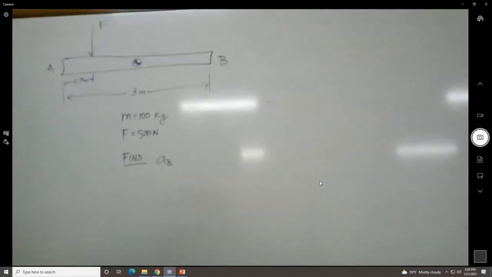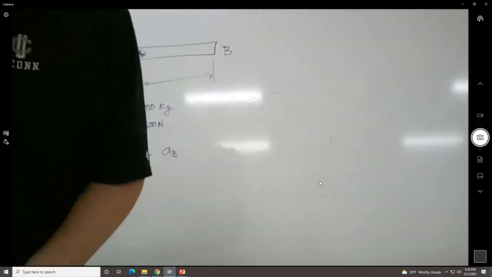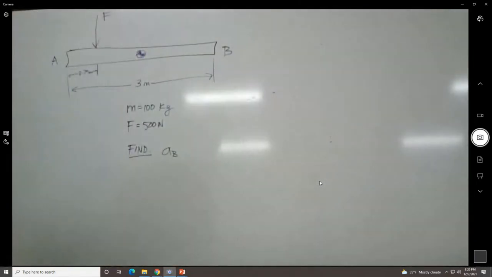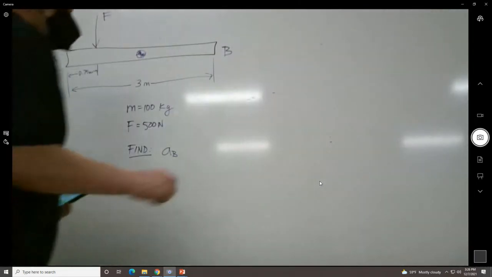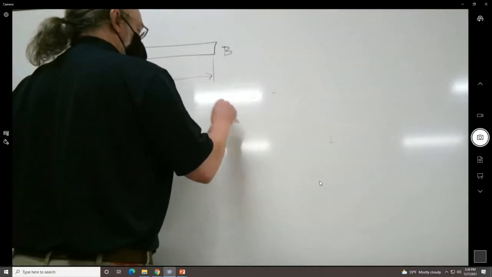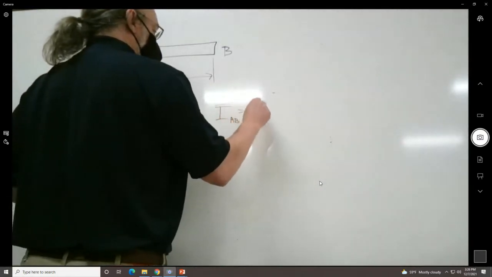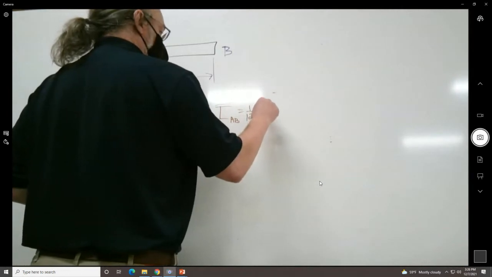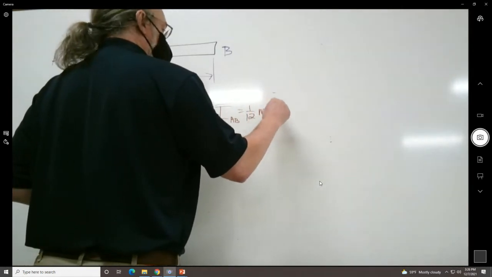Let's find I first. Definitely. So, slender rod is 1/12 mass times length squared. The length is 3, yeah.